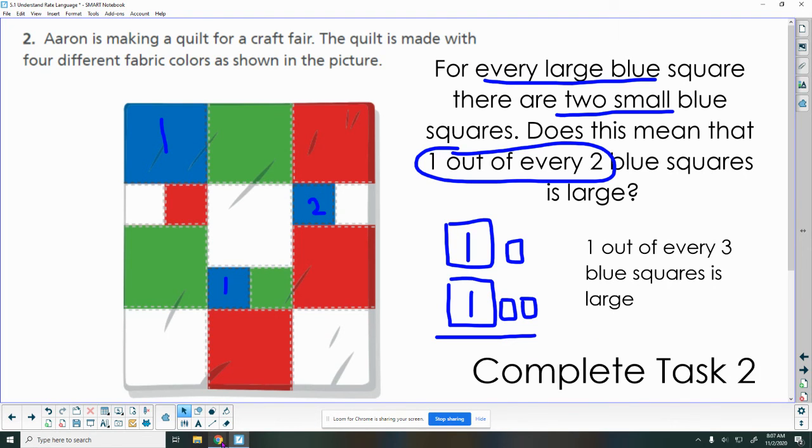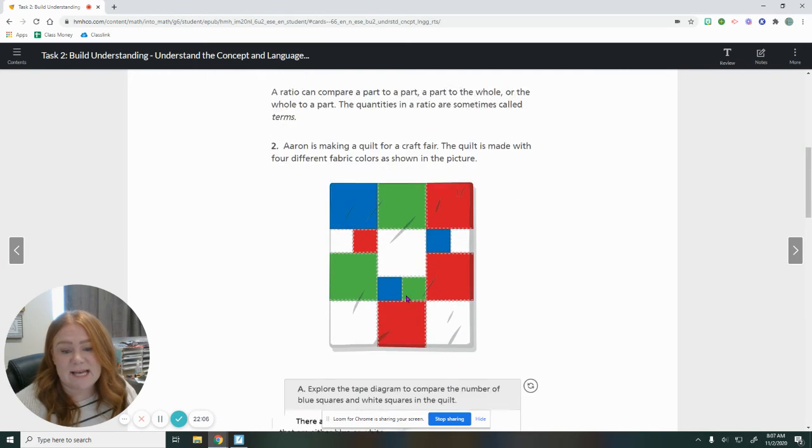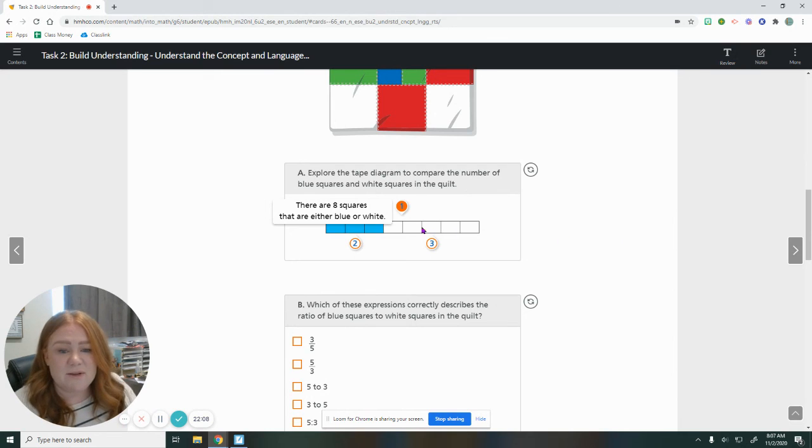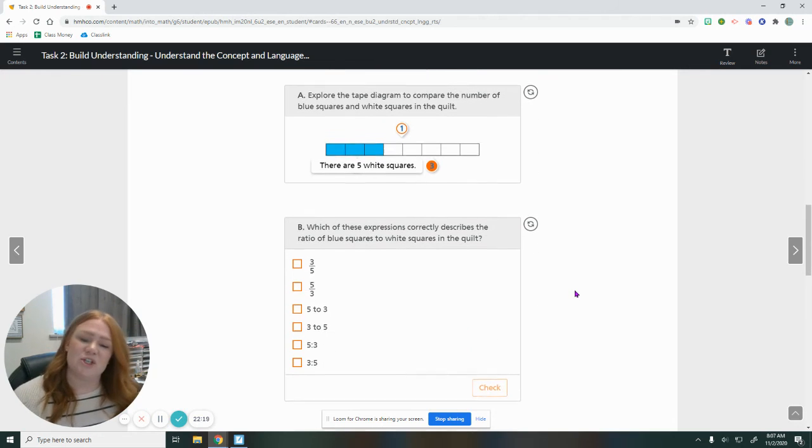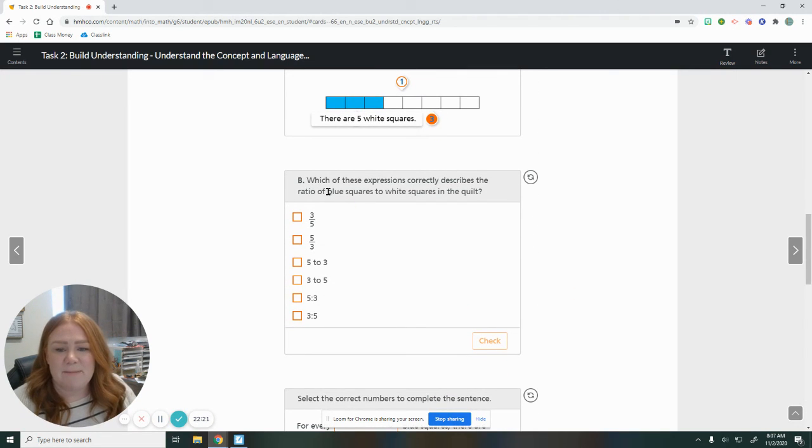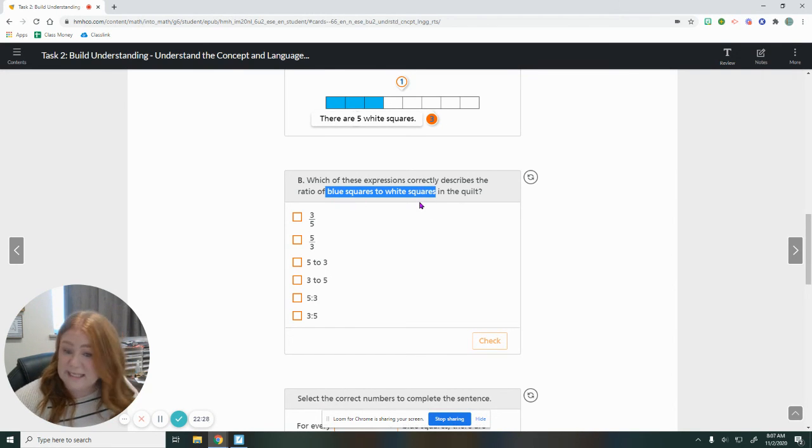So let's see if we can go answer the questions on task 2 here. So here's just that model. There are 8 total, 3 here, 5 here, 3 blue ones and 5 white ones, which we drew a picture of. So now you're going to compare 3 to 5. Pick any of the statements that show blue first and white second.